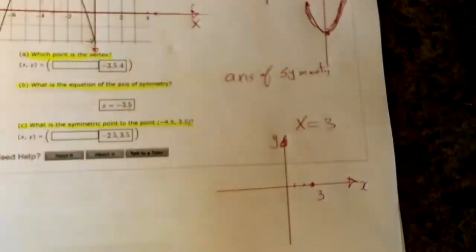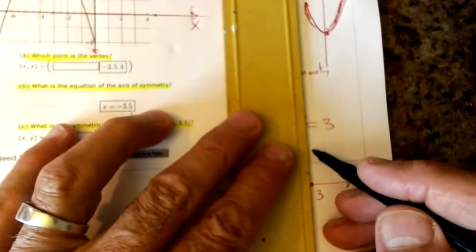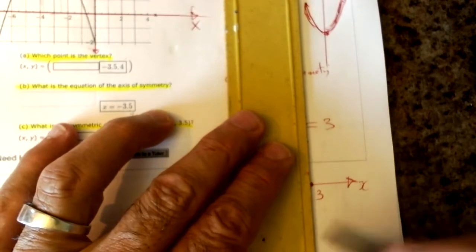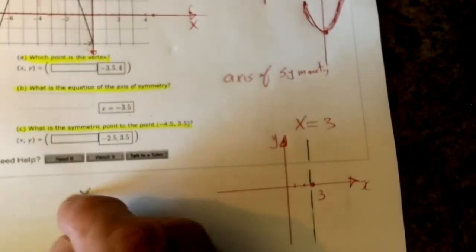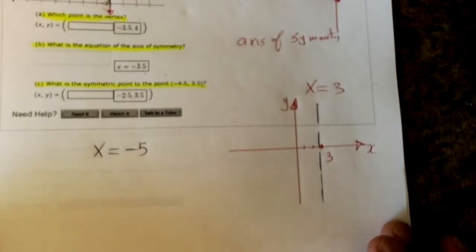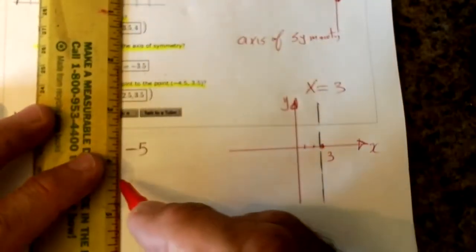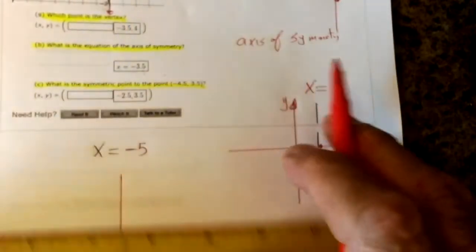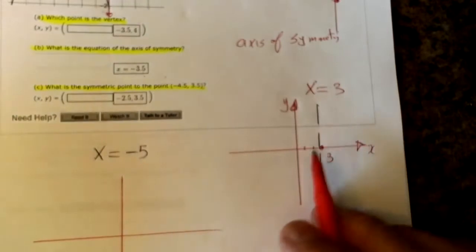You draw the line, that's x equal 3. When they ask you to graph x equal 3, that's how you do it. What if I ask you to graph x equal -5? It's a vertical line. X equal a number is always a vertical line because it doesn't have any y value.